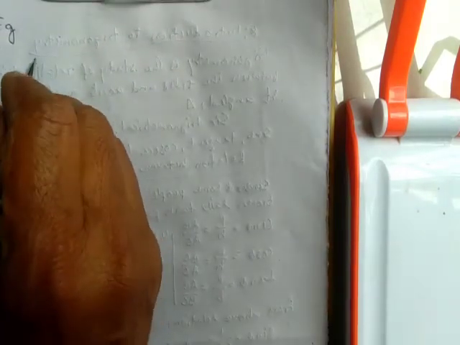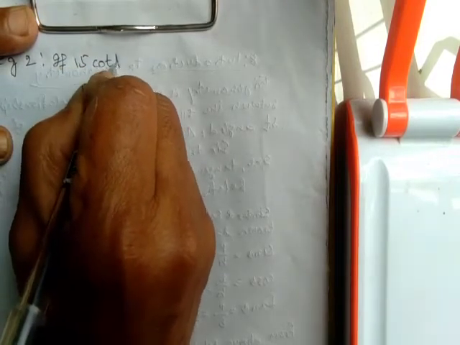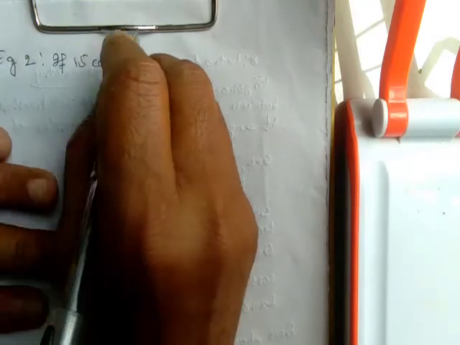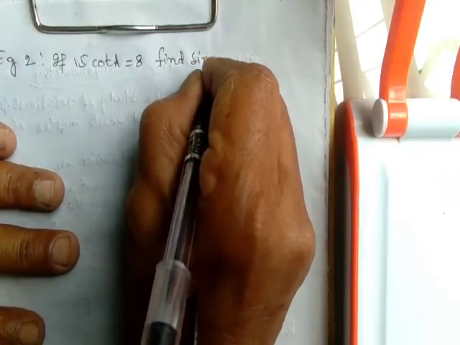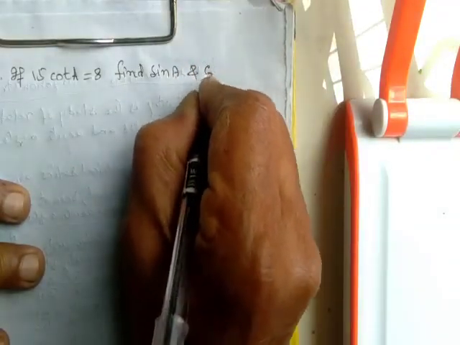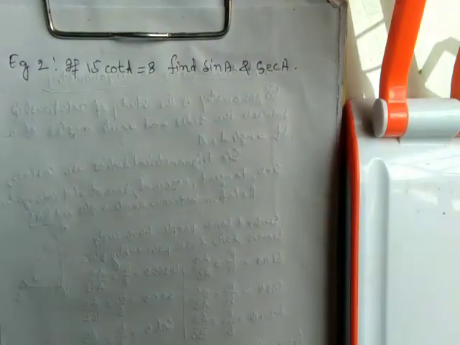Example 2. If 15 cot A is equal to 8, find sin A and sec A. It's very easy.